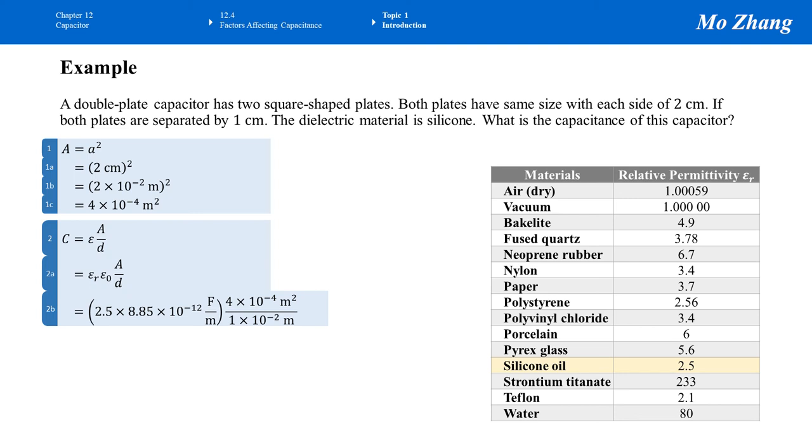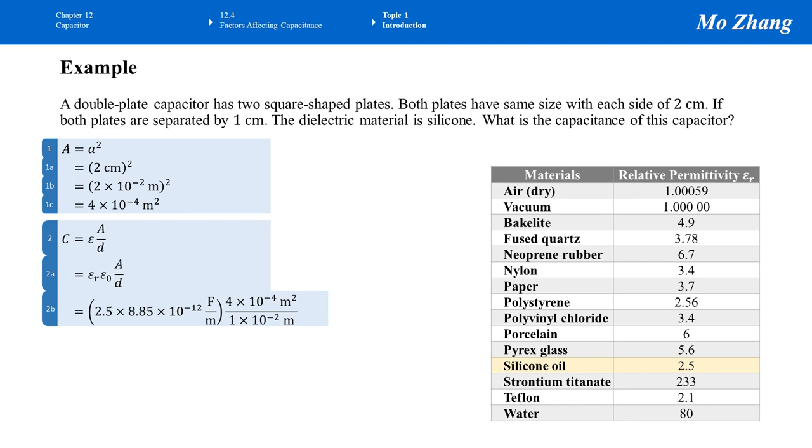As you can see, this is meter, it is not centimeter. This explains why we need to convert the side from centimeter to meter in step 1. And then multiply the area, the one we calculated already, 4 times 10 to the power negative 4 meter squared, over the distance.